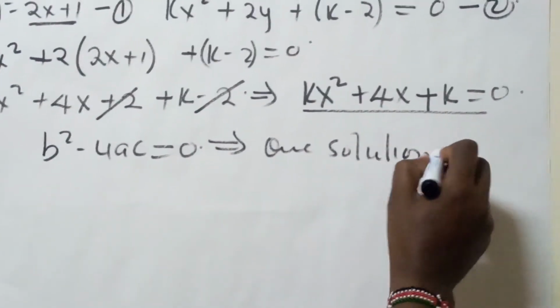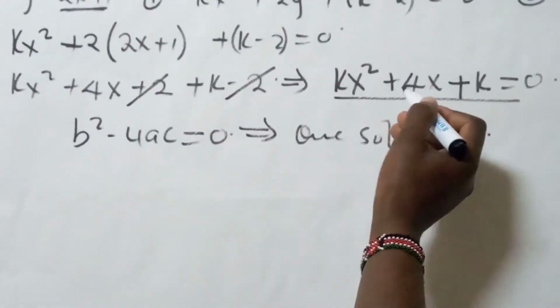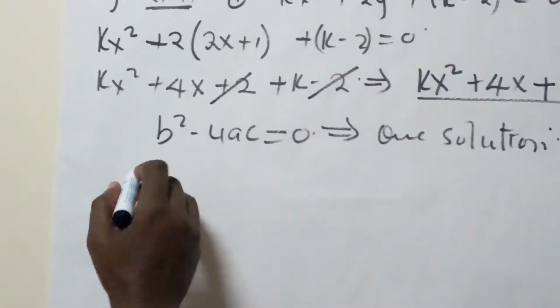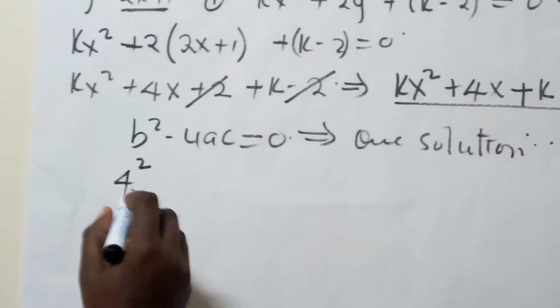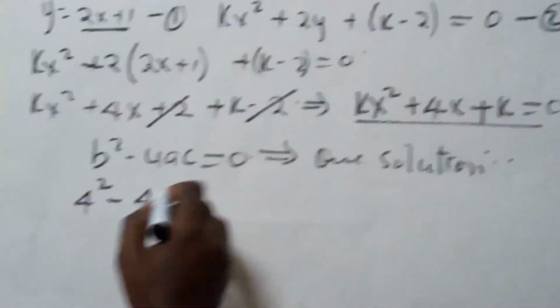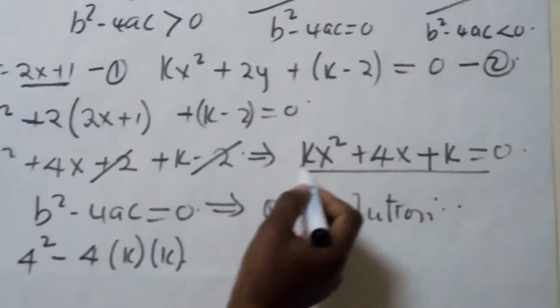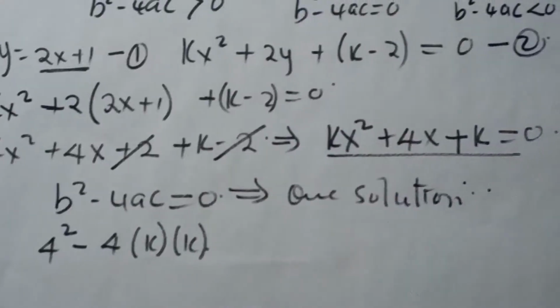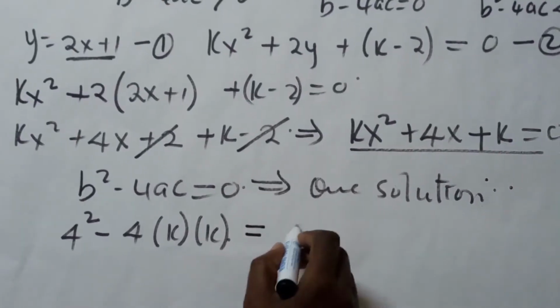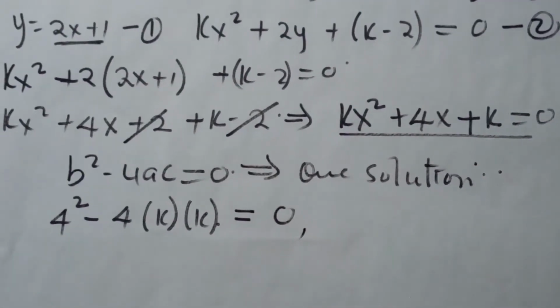So our b is 4, and 4 squared minus 4 times k times k, because our a is k and our c is k, must equal 0.